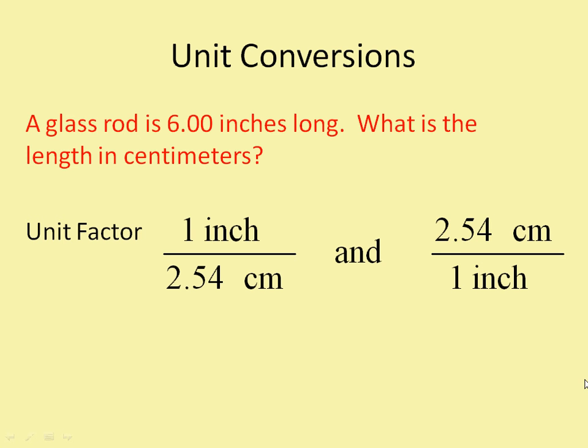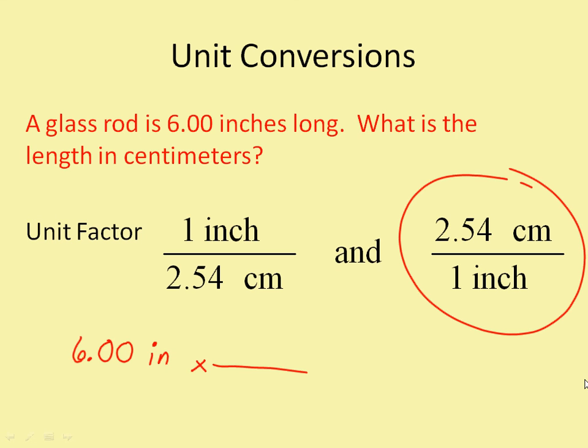So starting with 6 inches, IN for an inch, I'm going to use this ratio so that I can get to centimeters and make inches go away. 1 inch has 2.54 centimeters. So my inches cancel.